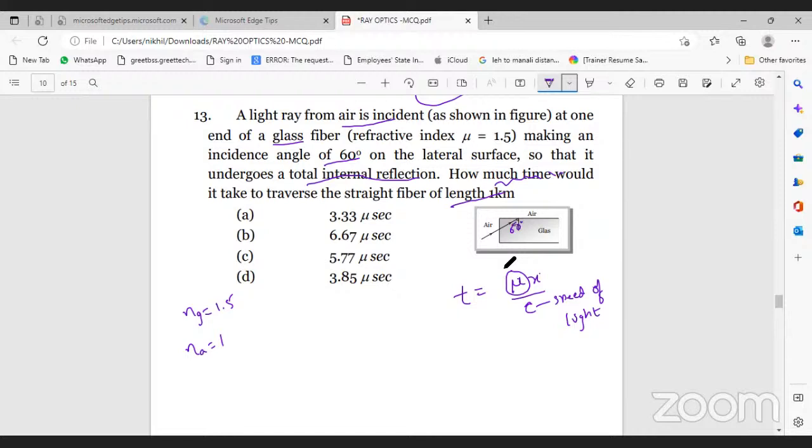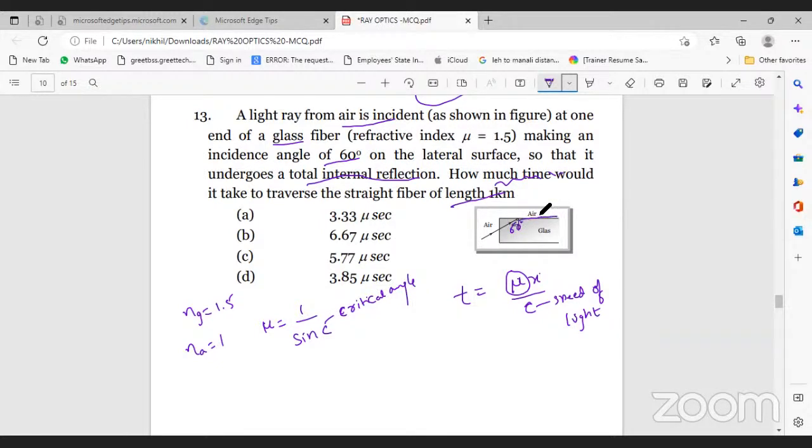Now you don't know what mu is. You know that the refractive index is equal to 1 by sin C, where C represents the critical angle.